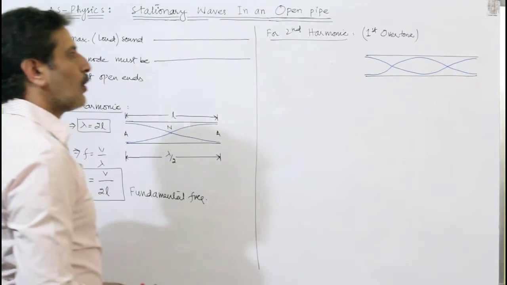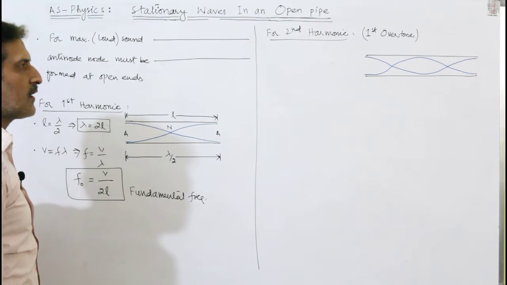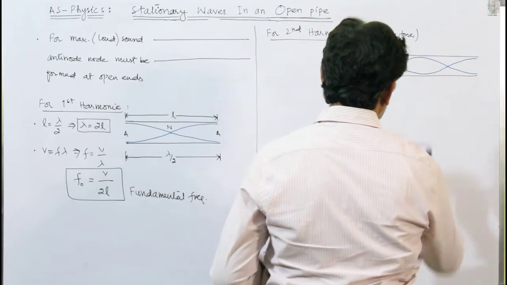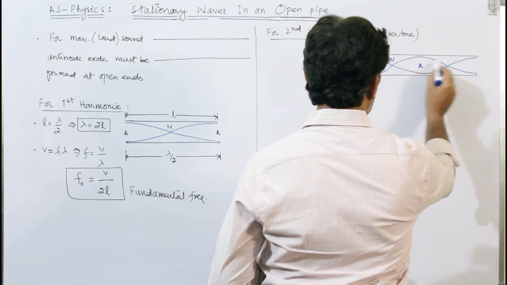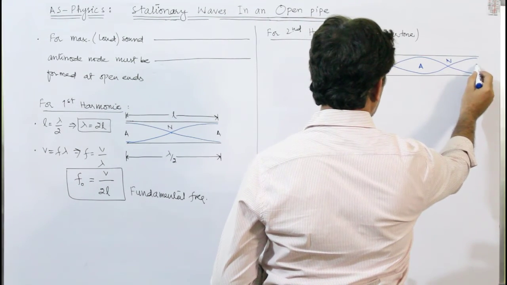It will be the condition of the stationary waves in which we hear the second loud sound for the second harmonic, because we have the antinode in the middle position, with nodes on either side of it, and at the open ends we will get antinodes.